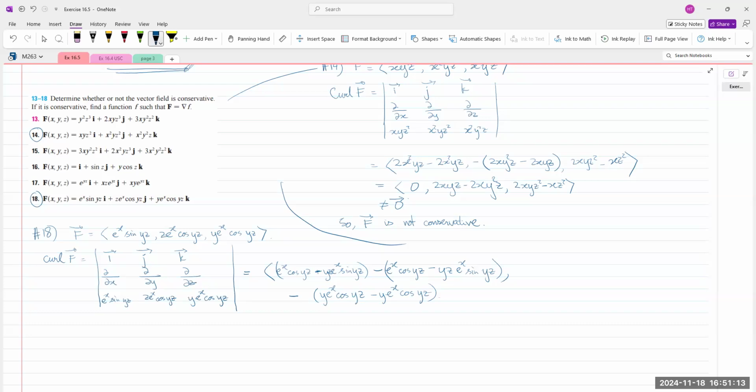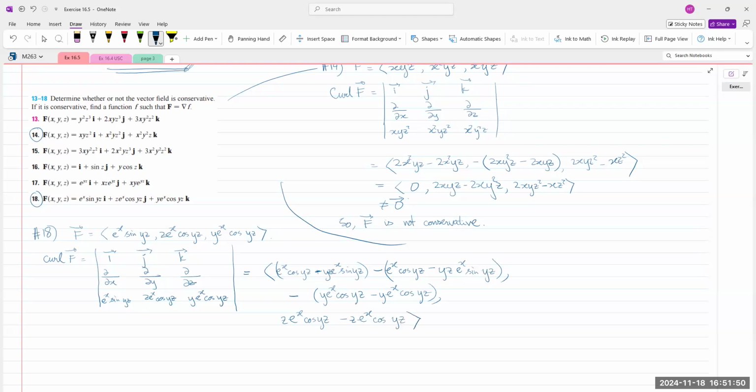And then the third component, that's the middle one. Okay, so the third component will be e to the x cosine yz minus z e to the x cosine yz.